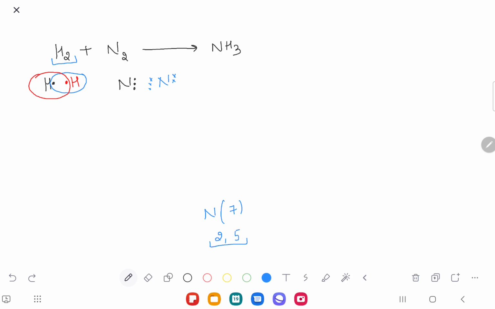Yes or no? So when nitrogen's atomic number is 7, configuration is 2, 5. I hope you're understanding that there are 5 valence electrons here. Those 5 valence electrons we have drawn here. And similarly, I have also drawn the 5 valence electrons of nitrogen in the black color, which is this one.